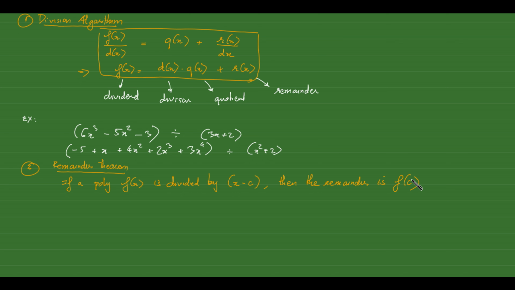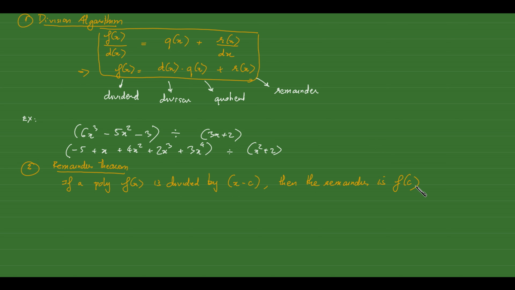So if we have a polynomial function and we divide by a first degree polynomial in this form, then whatever the remainder is will be the output of the input c.